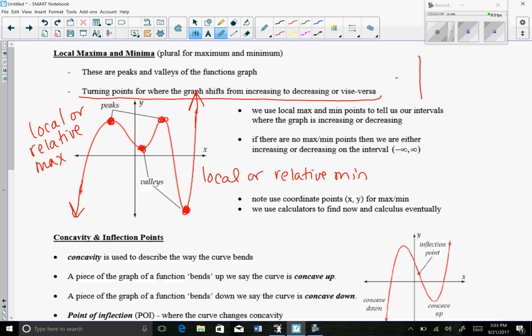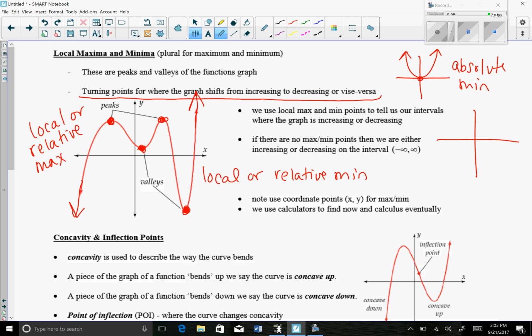If we had a quadratic graph, such as this, this is what we would call an absolute minimum, because there's no other parts of our graph that are increasing or decreasing on the other sides. So it is the actual lowest of the graph.